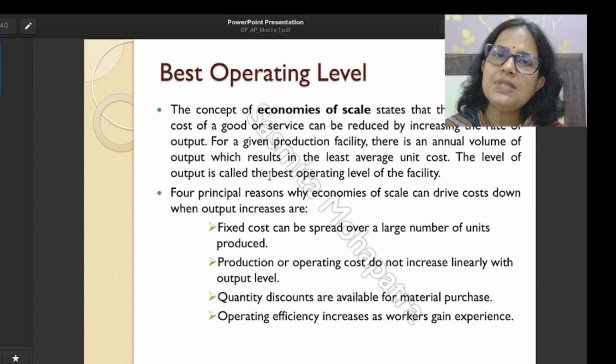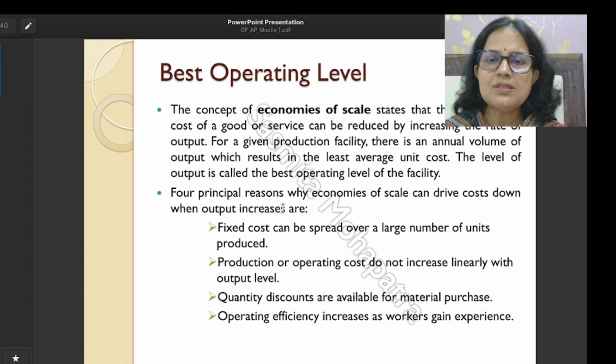Why are we able to achieve the economies of scale? Because of these reasons. Fixed cost can be spread over a large amount of products. We all know what is fixed cost and what is variable cost. Fixed cost is always fixed, whatever the amount we go on producing. So when you produce in a large amount, fixed cost is distributed over a number of units of production.